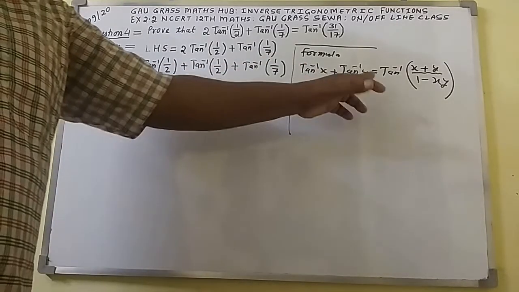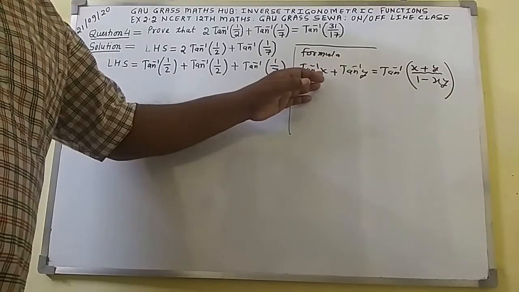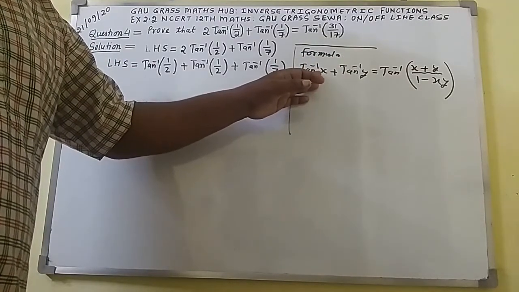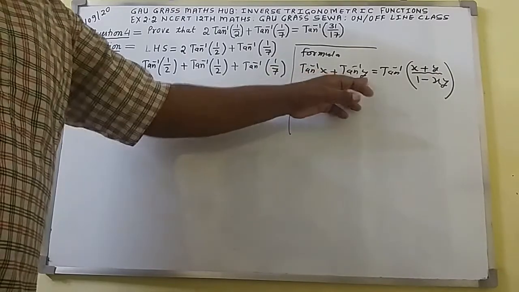So here you can see x and y. In the first term x is there, in the second term y is there.